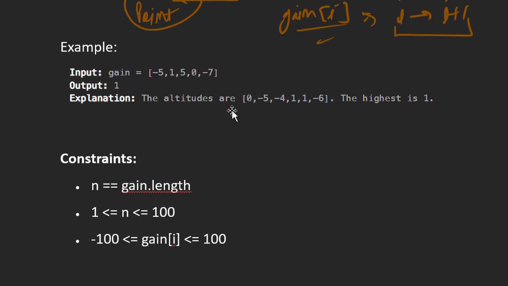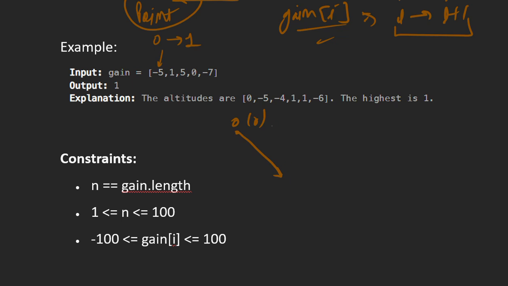As we know, our biker is starting from point number 0 with height 0, then gain of 0 will give us the gain that we get from point 0 to point 1, that is minus 5.